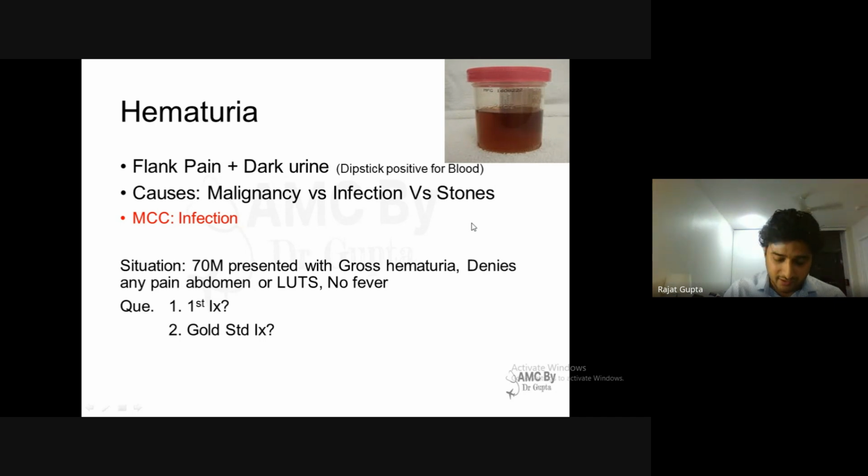Okay, what is the first investigation you would like to do? Ultrasound, okay. Urinalysis, USG. Great. So this case is typical of urothelial carcinoma, the bladder cancer.